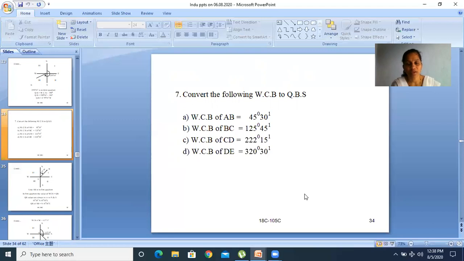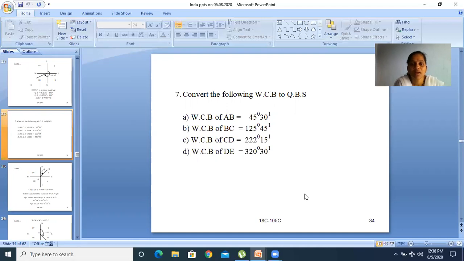WCB of the AB line is equal to 45 degrees 30 minutes, and WCB of the BC line is equal to 125 degrees 45 minutes. WCB of the CD line is equal to 222 degrees 15 minutes. WCB of the DE line is 320 degrees 30 minutes.